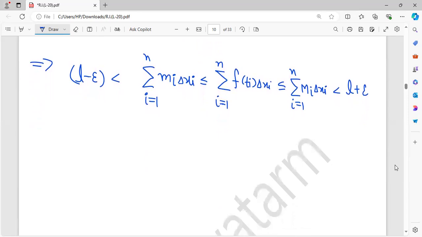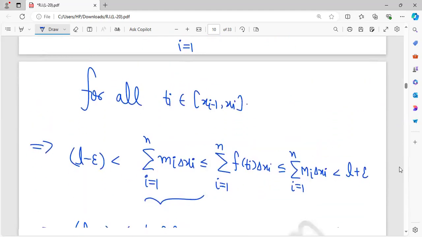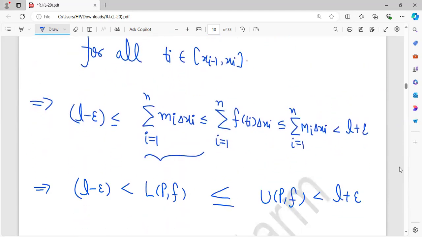So this is equal to this. So what we have, L minus epsilon less than, what is this then? This is L(P, f). So we can skip the middle thing, because this is greater than this, and this is U(P, f). So this is less than this, and this is less than L plus epsilon. This can be equal also, no problem.